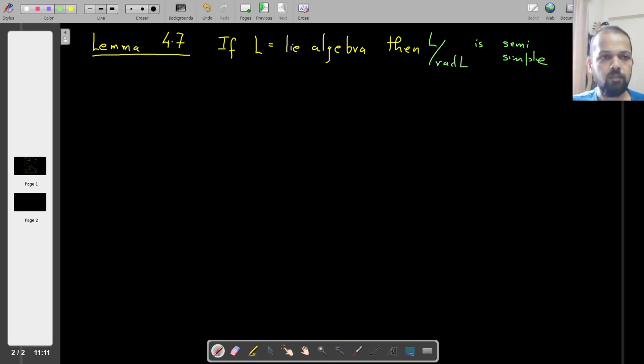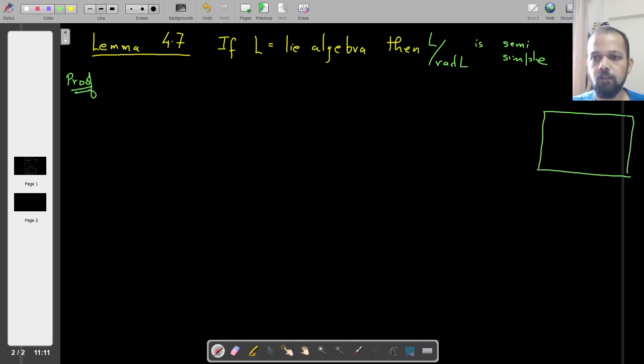We need to prove this. So what we are saying is take any Lie algebra L and look at that largest solvable ideal, that is your radical L, and then you form your cosets and you look at that quotient L by radical L.